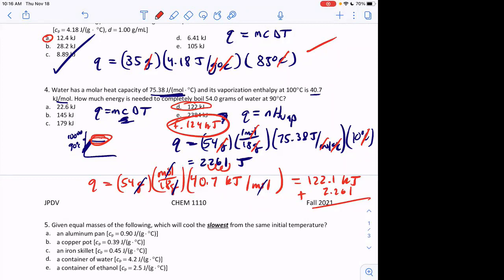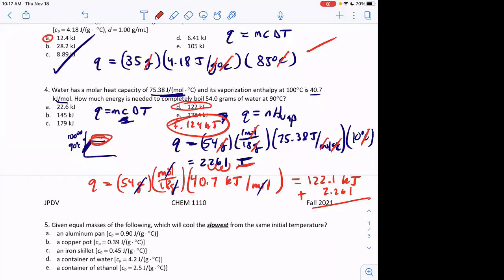Yeah, that's not right though, because that's in kilojoules. See, it can't be E, because this is in joules, not kilojoules. So when you convert that to kilojoules, you get 2 point something.